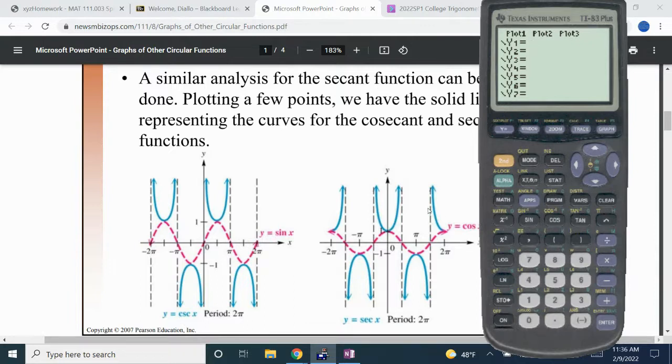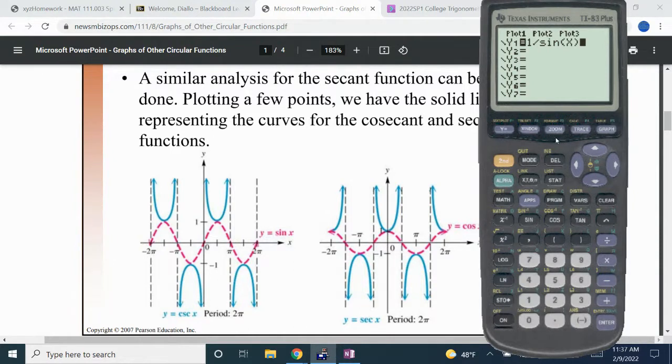Keep in mind that I don't actually have a cosecant function on my calculator, but for reciprocal functions, we can enter the cosecant as 1 divided by the sine. So I'm going to graph the cosecant as 1 divided by the sine of x.